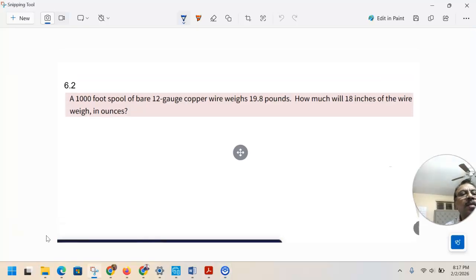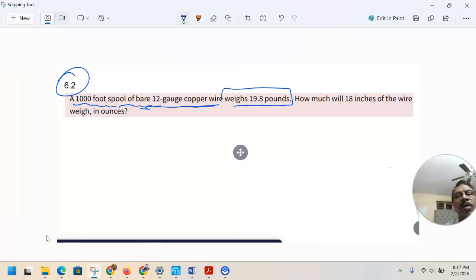This is example number 6. A 1,000 foot spool of bare 12 gauge copper wire. So this is important: 1,000 feet weighs 19.8 pounds.